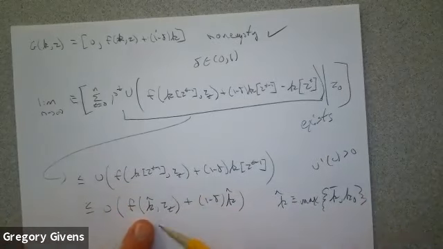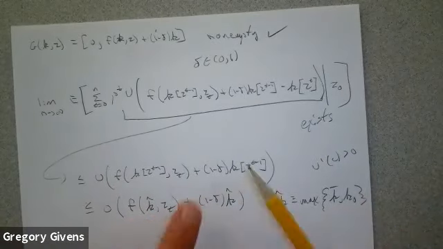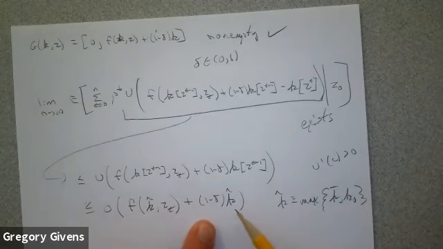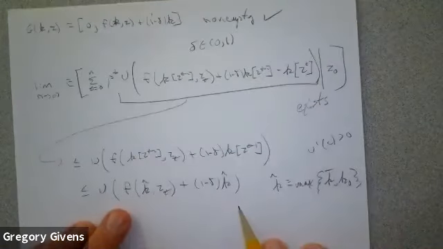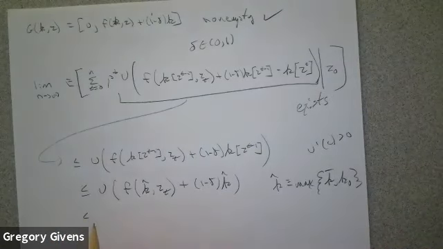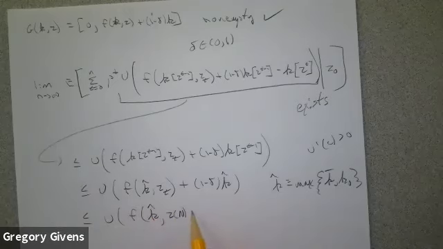The production function is increasing in capital. 1 minus delta k is also increasing in capital. And so that means that utility should be bounded above by this term. But then this can also be bounded above by recognizing that the highest value of production occurs for z_t equal to z_n.